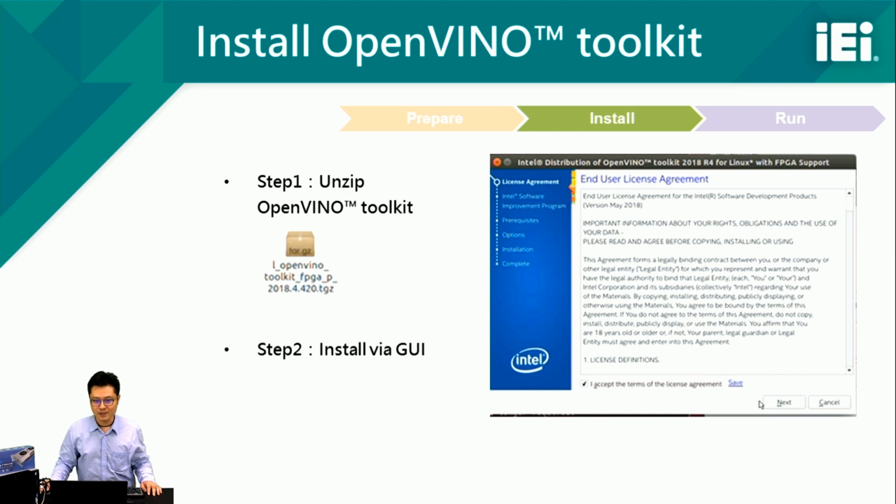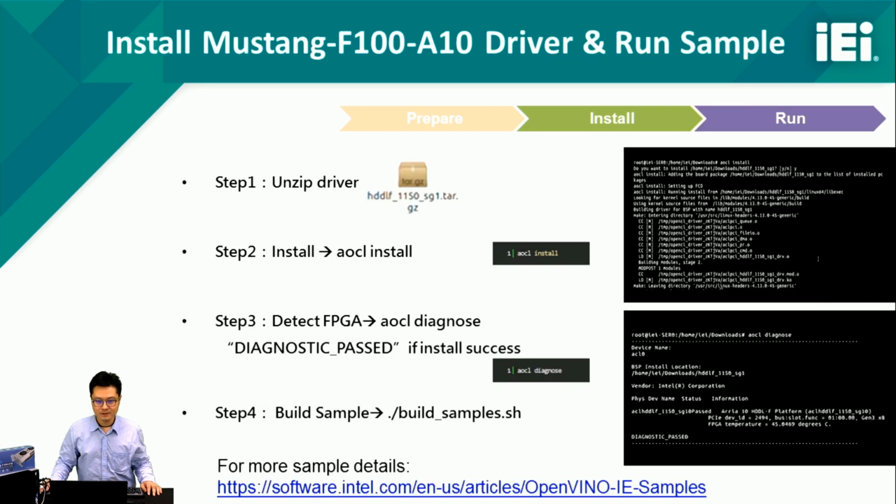And in the next step, we will show you how to unzip the OpenVINO Toolkit and do the GUI installation. And after that, we will show you how to unzip the driver and install the driver. After you see the diagnostic pass, it means you have already installed the Mustang-F100-A10 successfully.